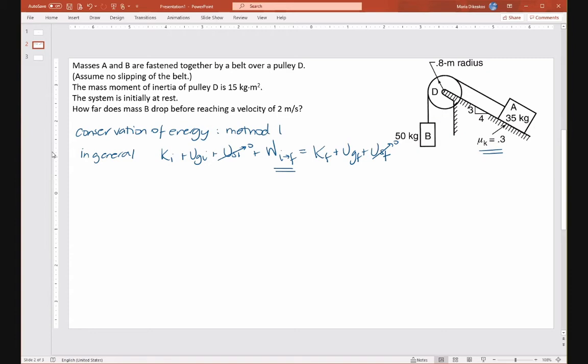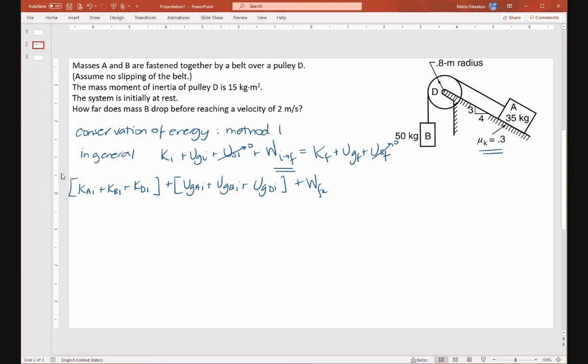We now have to set up the kinetic energy for all three objects. So kinetic energy initial, A, B, and D. So kinetic energy of A initial plus kinetic energy of B initial plus kinetic energy of D initial plus the gravitational potential energy of A initial plus the gravitational potential energy of B initial plus the gravitational potential energy of D initial plus the work done by friction as the object moves from initial to final position.